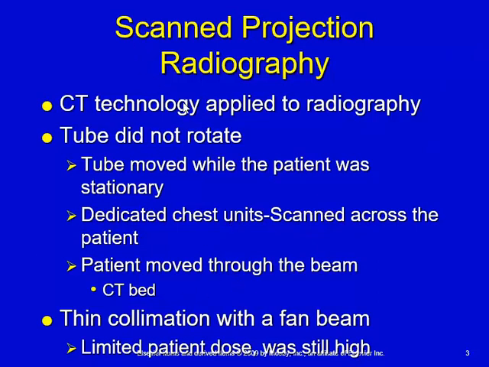The difference between CT and scan projection radiography is we were not interested in cross-sectional anatomy, but rather in just chest x-rays. So the dedicated chest unit would be in a room with an x-ray tube and basically a wall buggy, and that's how we would shoot chest x-rays. I never worked with a scan projection radiography unit.